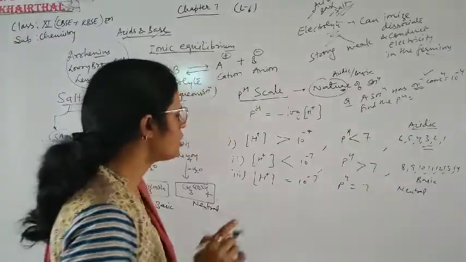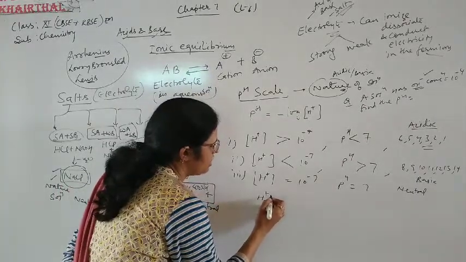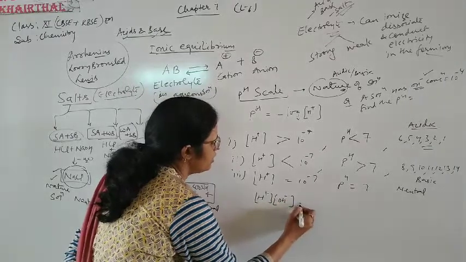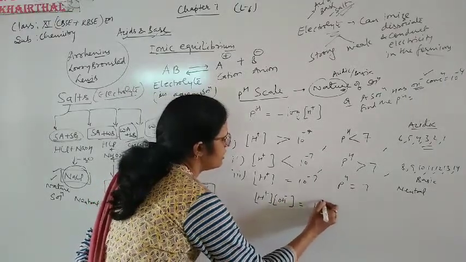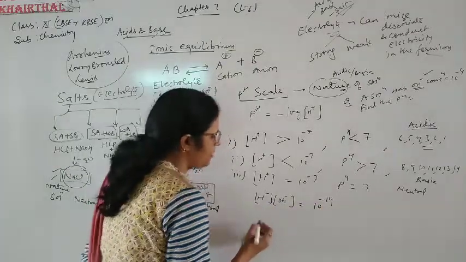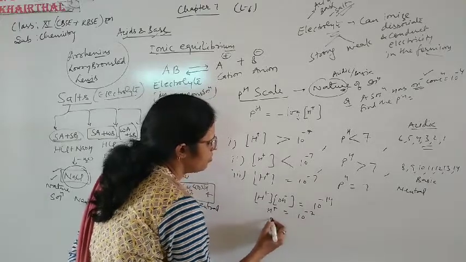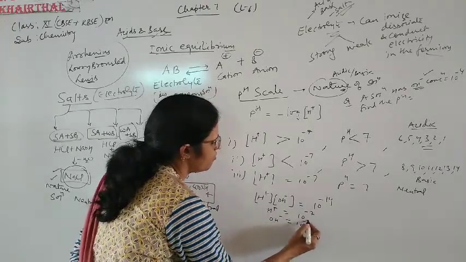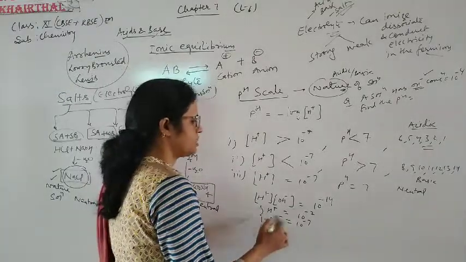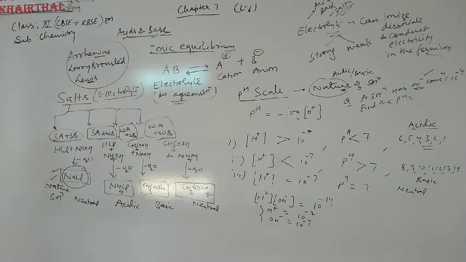To solve this question, we should know another relation: H+ ion concentration times OH- ion concentration equals 10 raised to power minus 14. Means H+ concentration is 10 to the minus 7, OH- concentration is 10 raised to power minus 7. Clear?